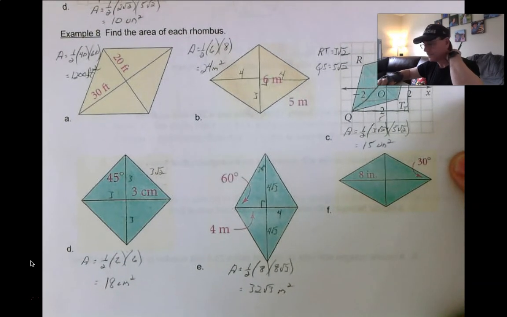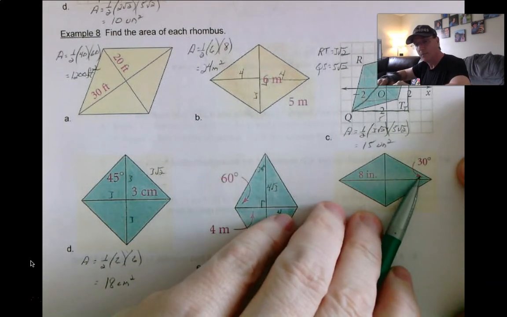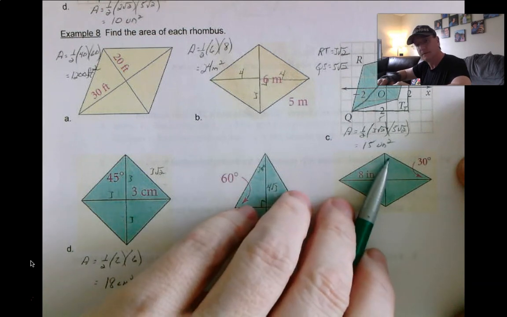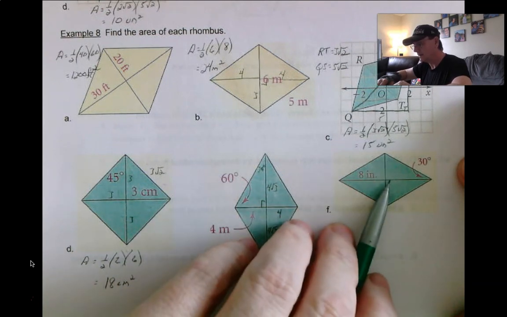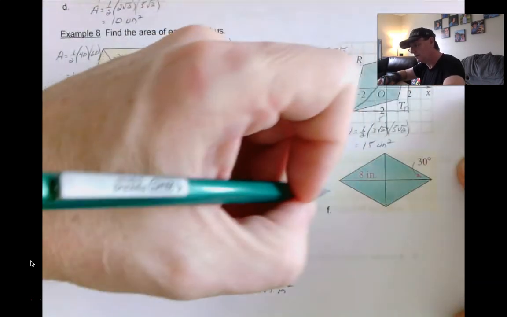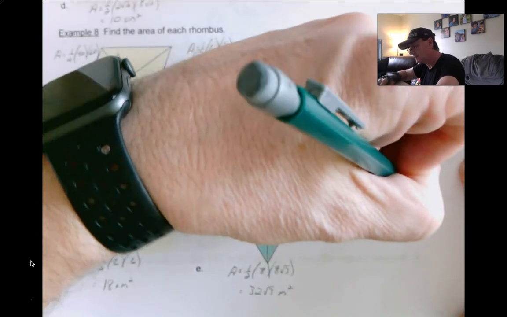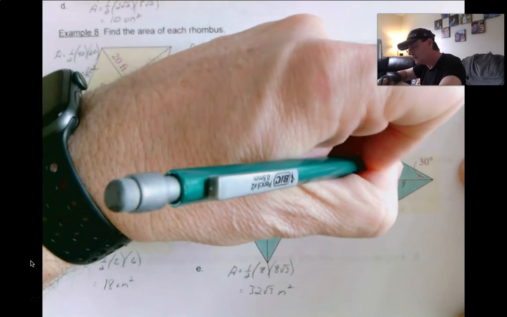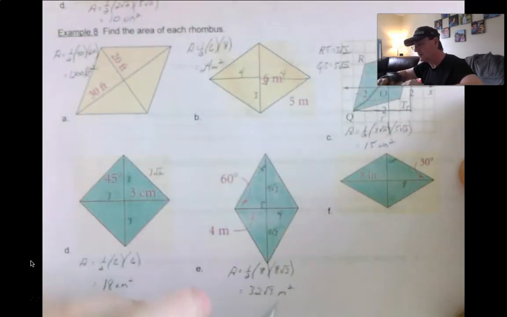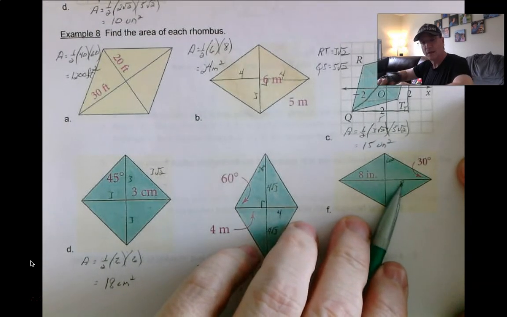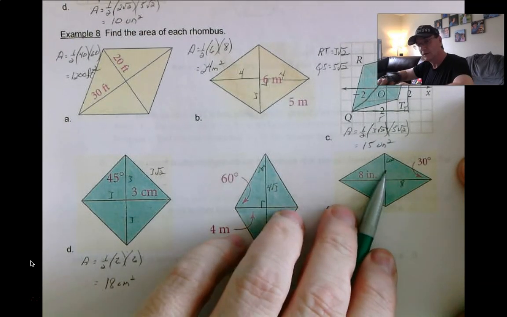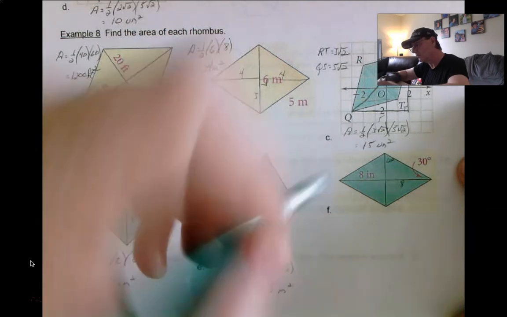And part F. Again, we have a 30, 60, 90. If this is 8, this is 8 inches. This is the long leg. To go from long leg to short leg, we divide by square root 3.